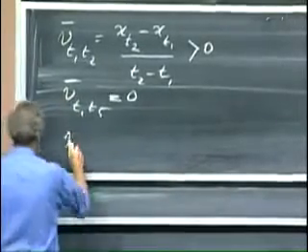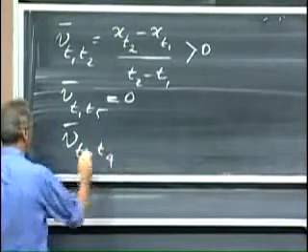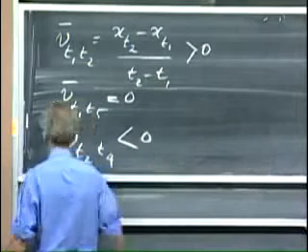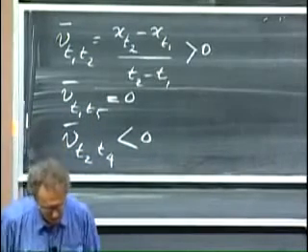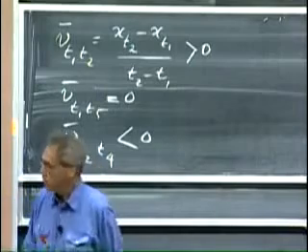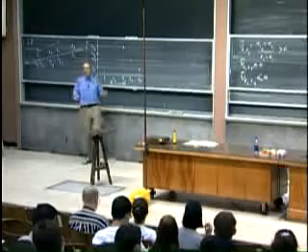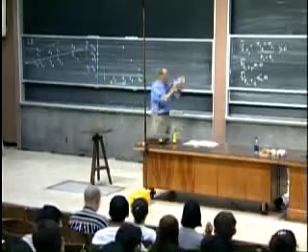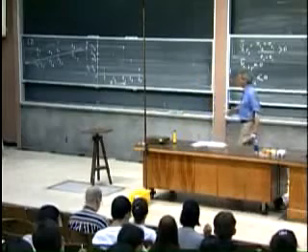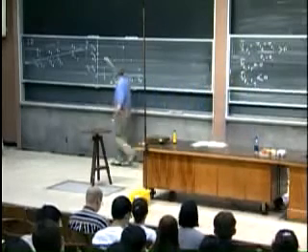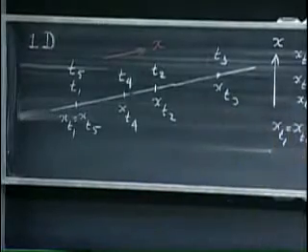If I had chosen t4 and t2, the average velocity between time t2 and t4, you would have seen that that is negative because the upstairs is negative. Notice that I haven't told you where I choose my 0 on my x-axis. It's completely unimportant for the average velocity. It makes no difference. However, if I had chosen this to be the direction of increasing x, then, of course, the signs would flip.